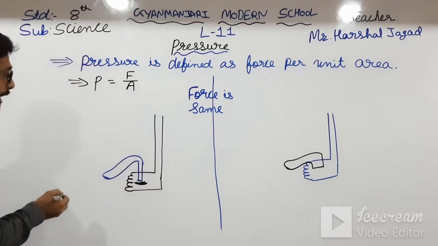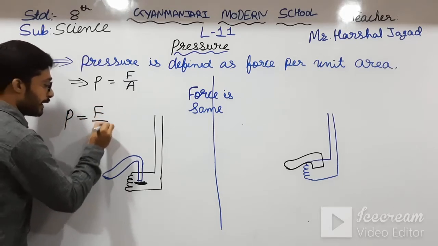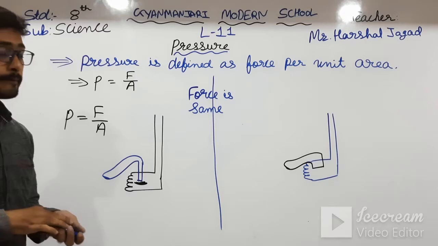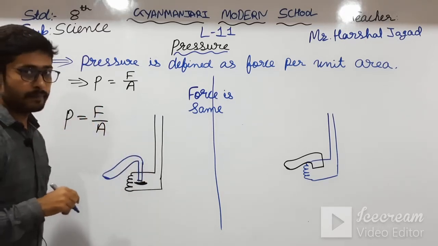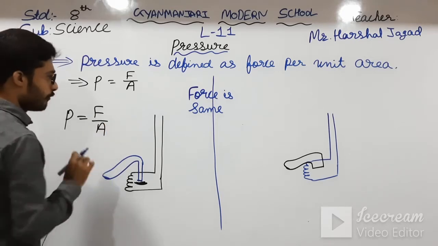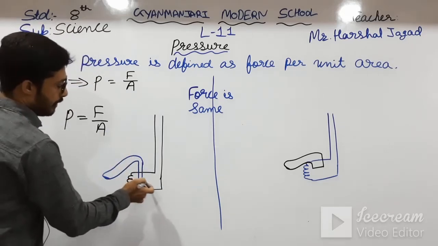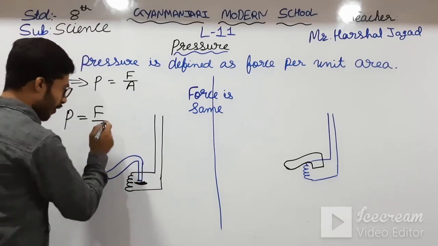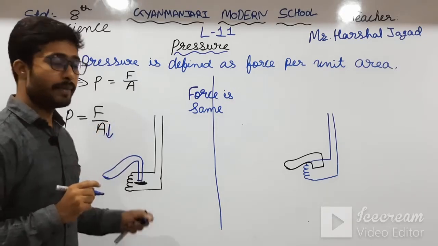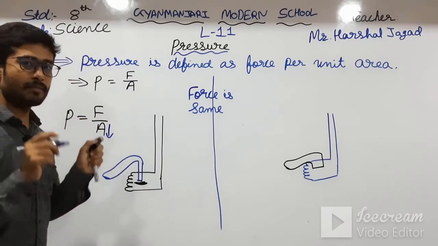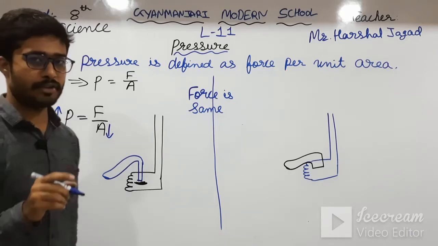If we put the values in the formula P equals F upon A, the force is the same in both cases, but the area here is small. If the denominator is small, then we get a high answer. So we will get high pressure.